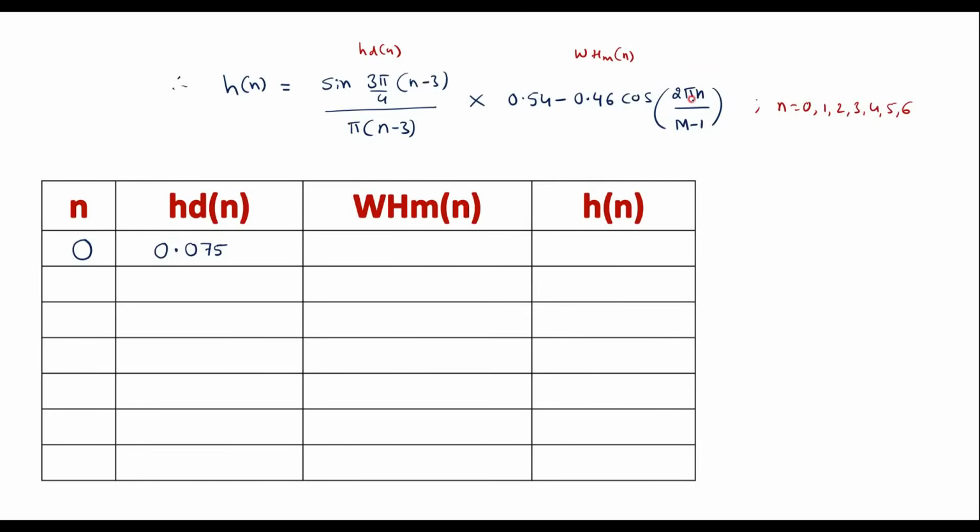Now whm of n for n equal to 0. Here cos 0 is 1. In that case we'll get 0.54 minus 0.46, which is 0.08. Now let's multiply these two terms so that we'll get h of n.